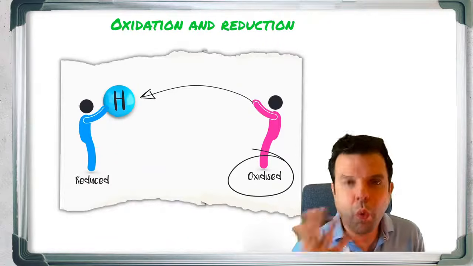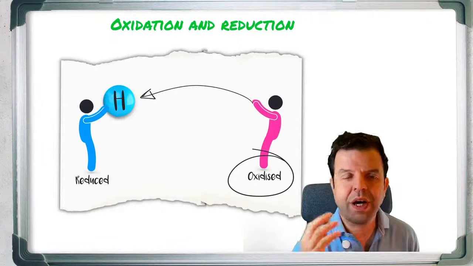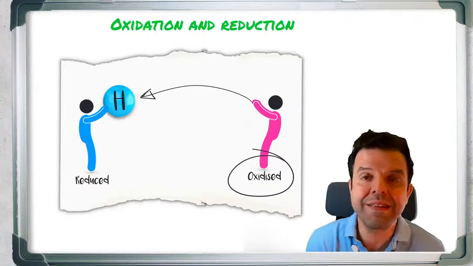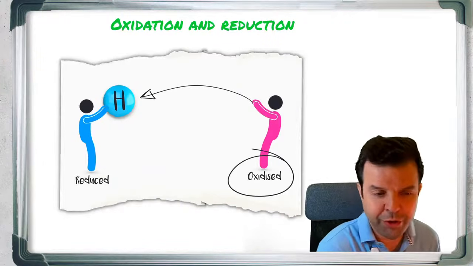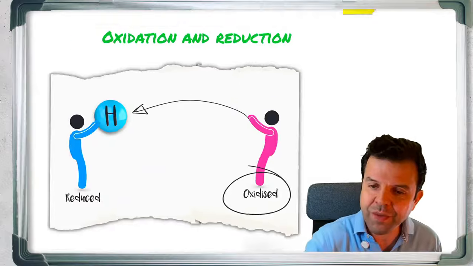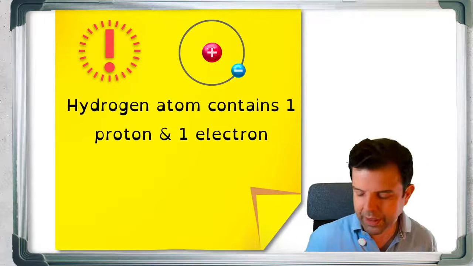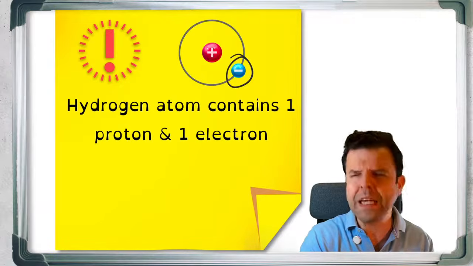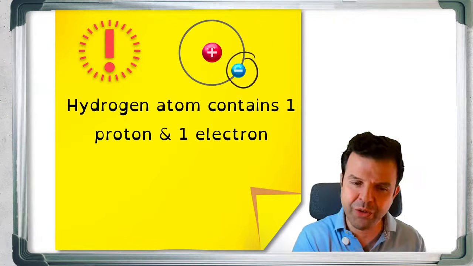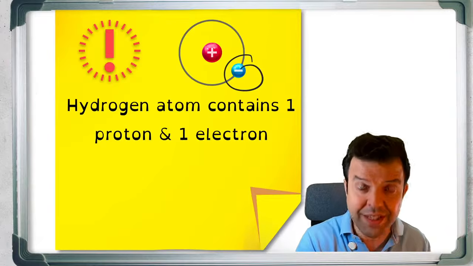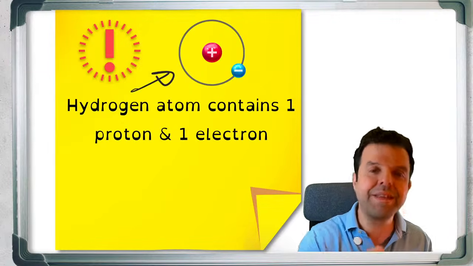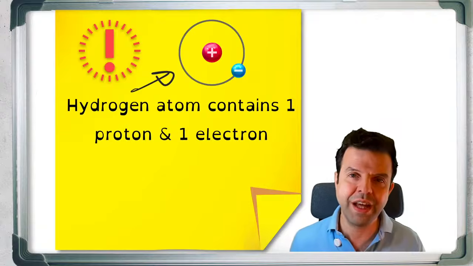You may tell me, like, why hydrogen? What does hydrogen have to do with this? Simply because hydrogen is the simplest element in the universe. When I say hydrogen, I mean a proton and an electron. Meaning, if something gains electrons, that is reduction. And the electron here is inside that hydrogen atom.